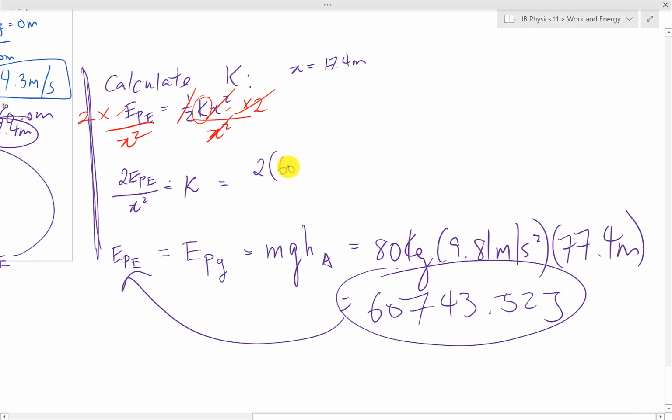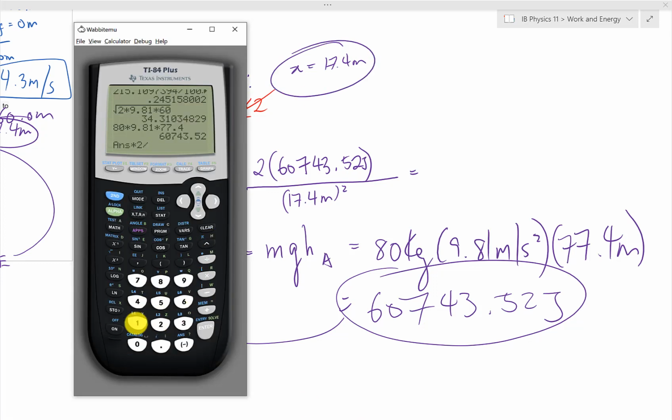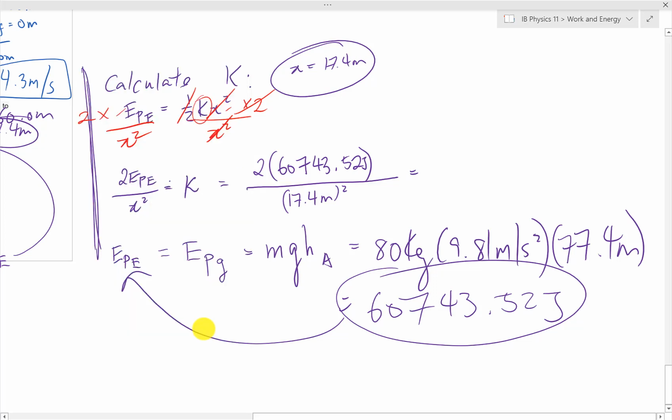I can use it in this equation to find my elastic constant. Using x as 17.4 meters, don't forget to square it, we get 401. In 3 sig figs, that's 401 newtons per meter.